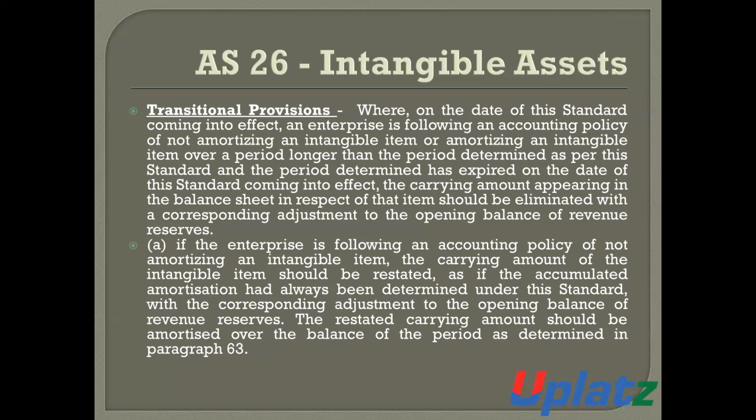Then point A, if there is an enterprise which is following an accounting policy of not amortizing an intangible item, the carrying amount of the intangible item should be restated as if the accumulated amortization had always been determined under this standard, with the corresponding adjustment to the opening balance of revenue reserve. The restated carrying amount should be amortized over the balance of the period as determined in this paragraph.